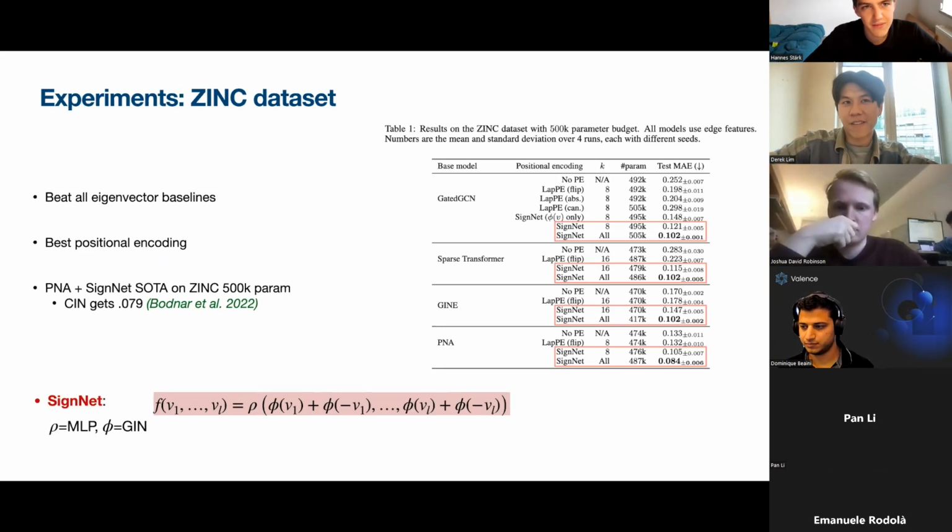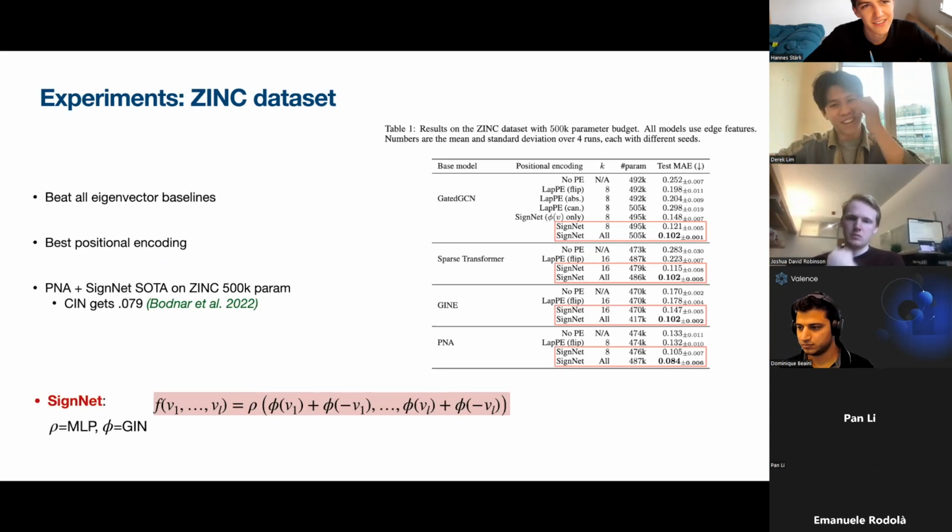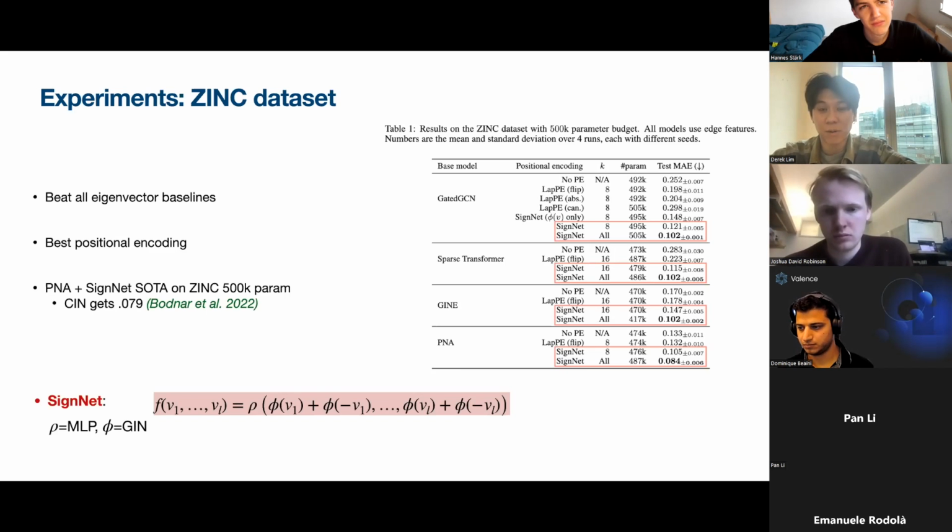Kind of, but it's a little different because your node features are eigenvectors. In theory, I agree, it's not clear how strong this is. But in practice, which is what this slide is on, we found that using a graph isomorphism network for phi in ZINC at least works really well. It boosts performance a lot.